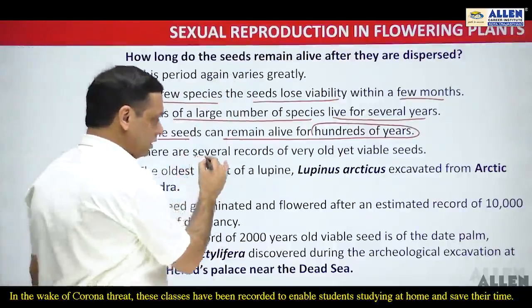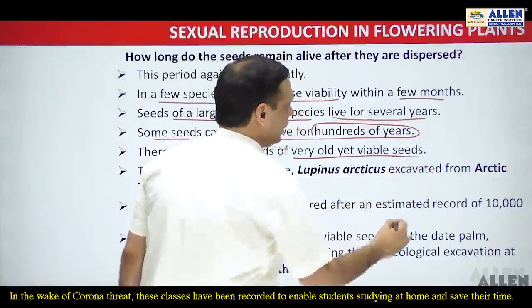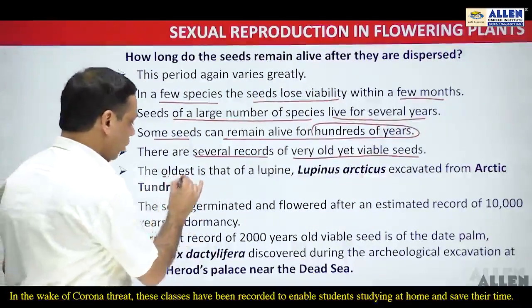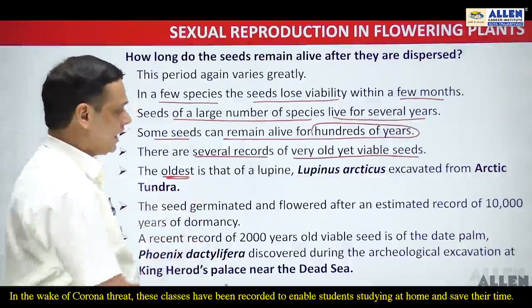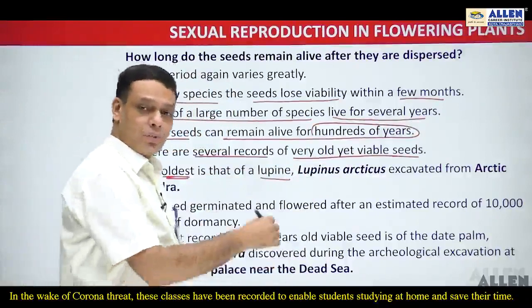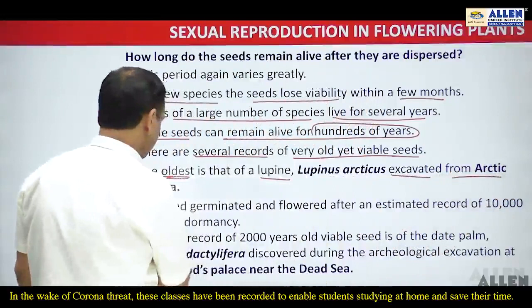There are certain records of very old viable seeds also. The oldest one is that of lupine, Lupinus arcticus, which has been archaeologically excavated from the Arctic tundra region.